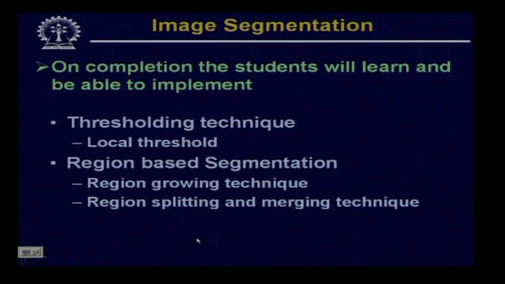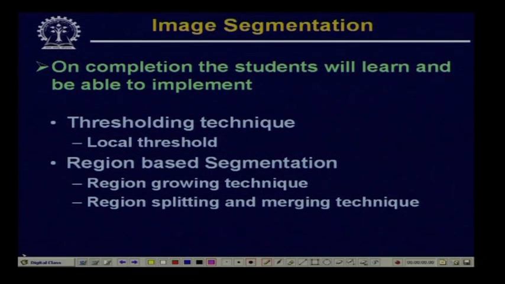So today's discussion will concentrate on local threshold operations, where in addition to the pixel intensity value and its location, we also consider the local neighborhood property, and on those two techniques. First, let us concentrate on the local thresholding operation.